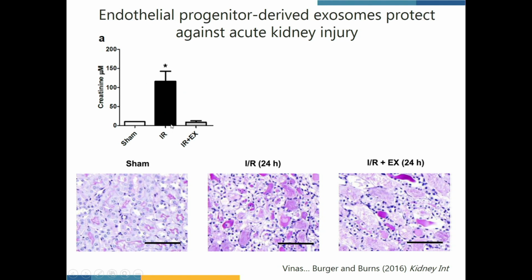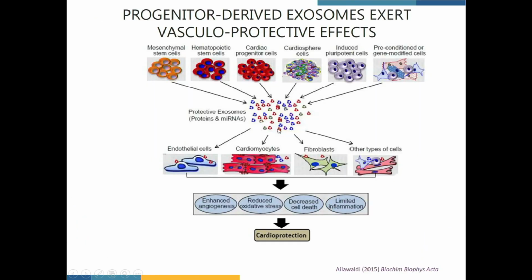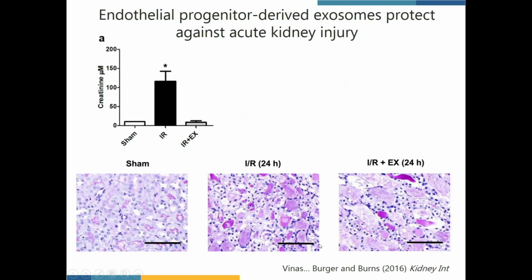If these kidneys are subjected to ischemia or reperfusion, you get an impairment in function and accumulation of creatinine in the bloodstream. Administration of exosomes at the time of reperfusion actually reduces creatinine, and after 24 hours has completely blocked the injury. And this is just some histology, showing again a reduction in the tubular necrosis and cast formation in the tubules. So very beneficial and protective.